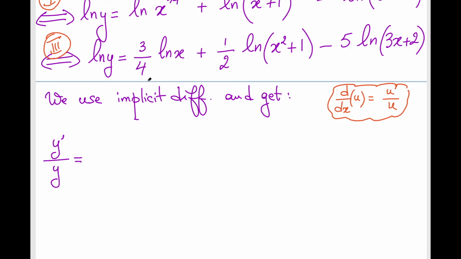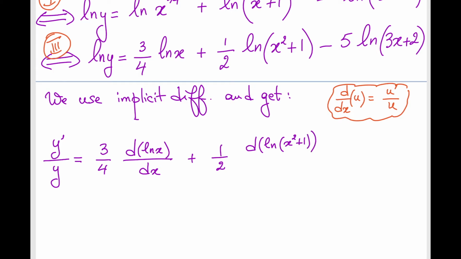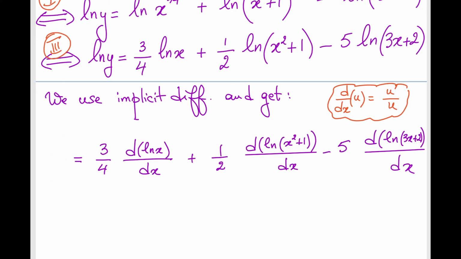So this becomes 3 over 4 times the derivative with respect to x of ln x, plus 1/2 the derivative of ln of x squared plus 1 with respect to x, minus 5 times the derivative of ln of 3x plus 2 with respect to x. Since we haven't differentiated the right side, I'm gonna keep it the same for now.